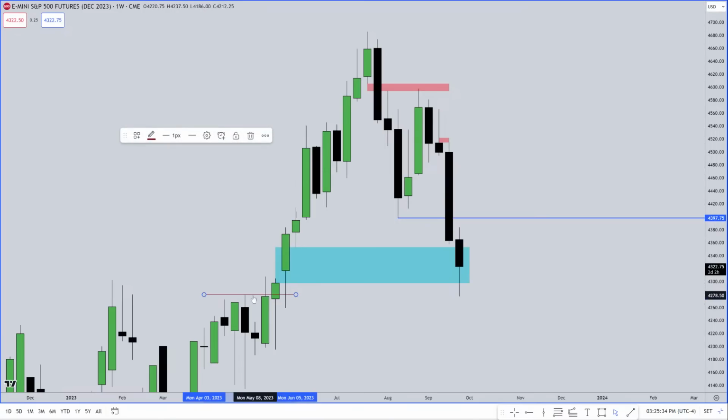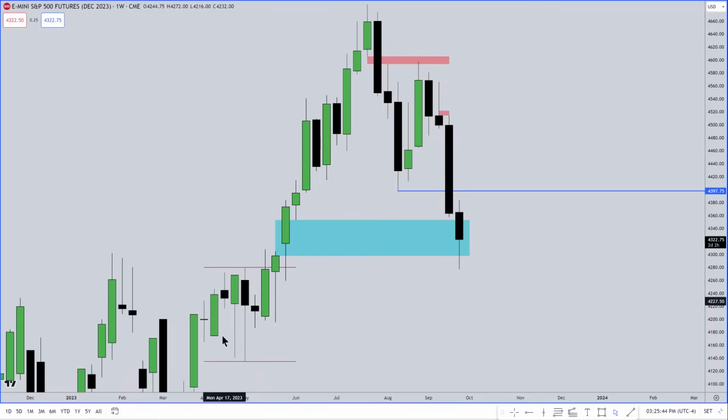I'm not trying to explain what a balanced price range is. Okay, between these two lines here, price has traveled down to this low, up to this high, and where do we spend the majority of the time? In the upper portion of this range. But back and forth, we've worked inside this range, and now we left it and created an imbalance right here.